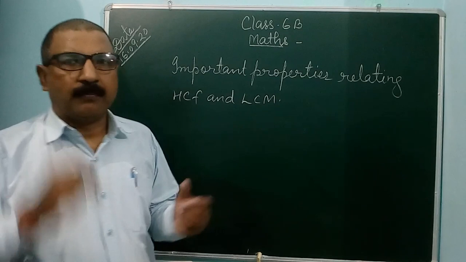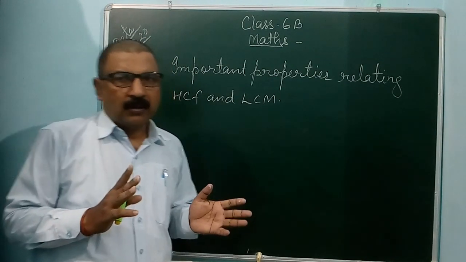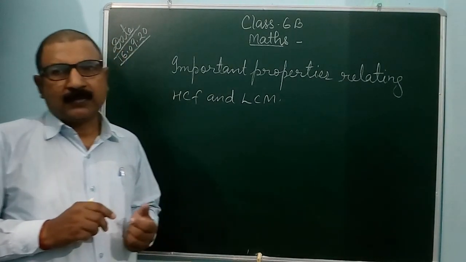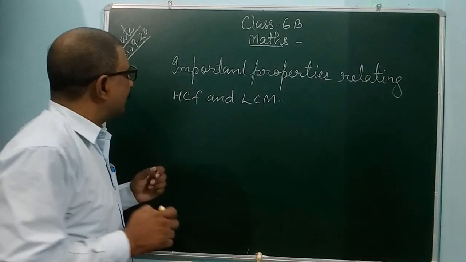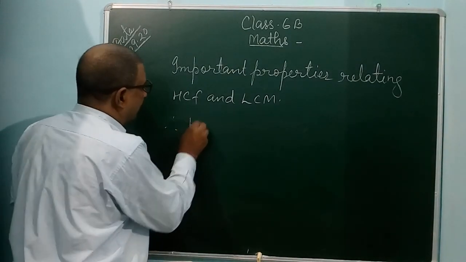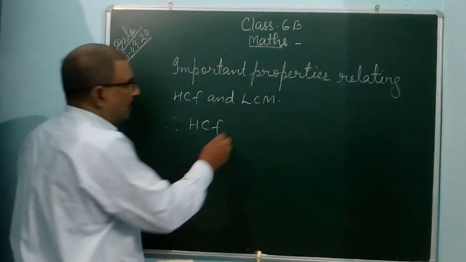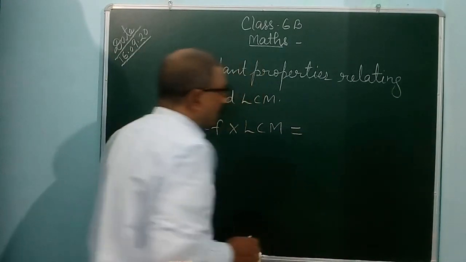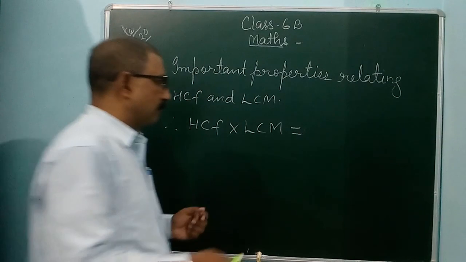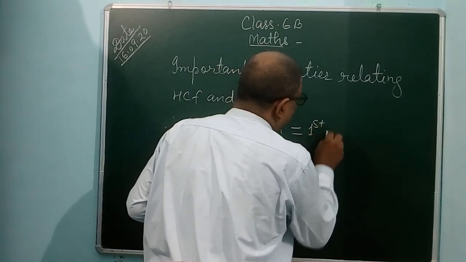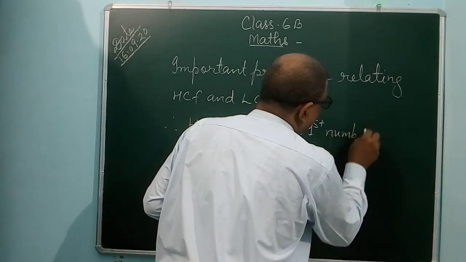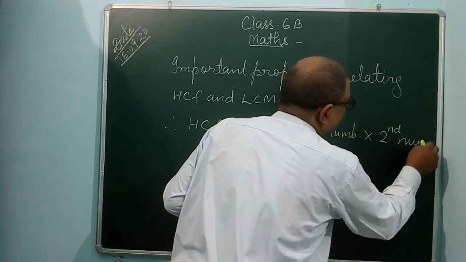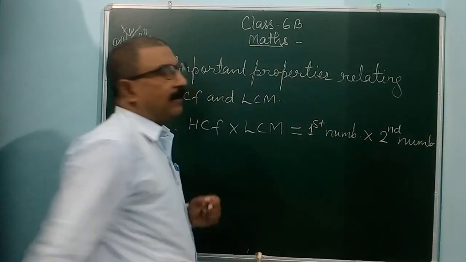Suppose you have two numbers, and you have found the LCM and HCF of those numbers. So the relation is: HCF of the numbers multiplied by LCM of the numbers is equal to the first number multiplied by the second number.